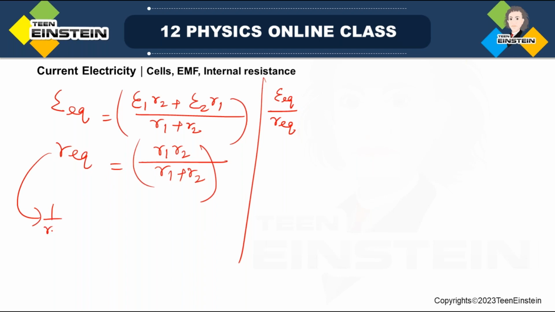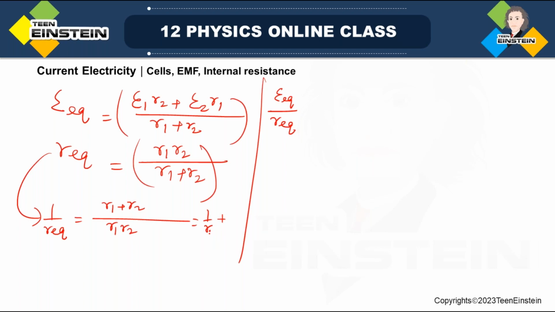This could be written as 1 by R equivalent is equal to R1 plus R2 divided by R1 R2, right? So this will give you 1 by R2 plus 1 by R1. That means 1 by R1 plus 1 by R2, isn't it?